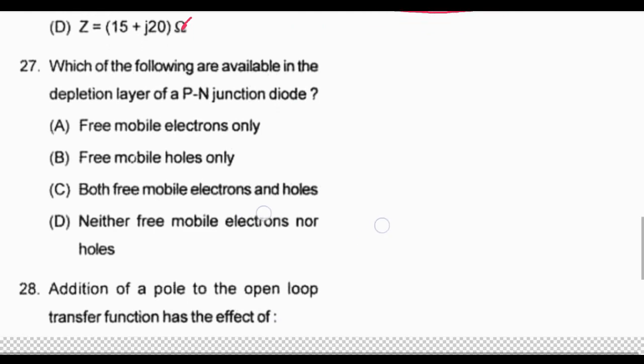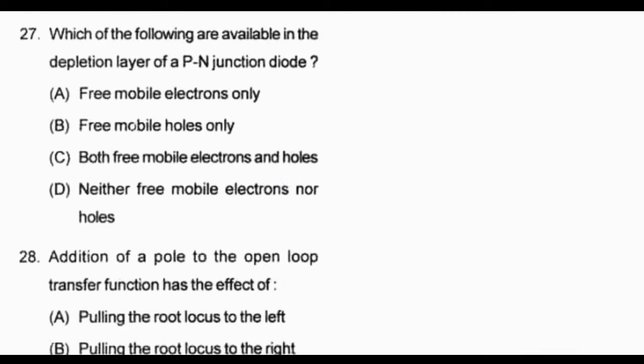Next question is, which of the following are available in the depletion layer of a PN junction diode? Option A, free mobile electrons only; free mobile holes only; both free mobile electrons and holes; neither free mobile electrons nor holes. So here the answer is neither free mobile electrons nor holes, because this is the definition of the depletion layer.